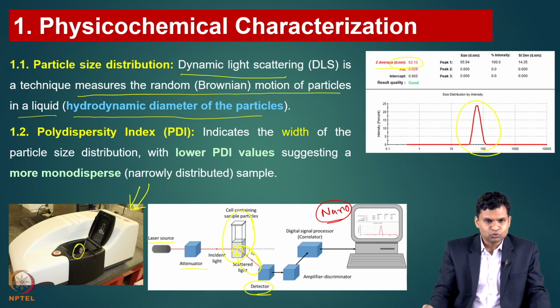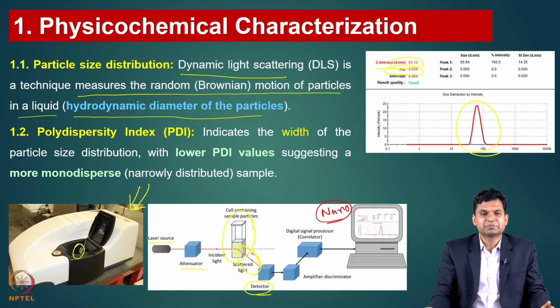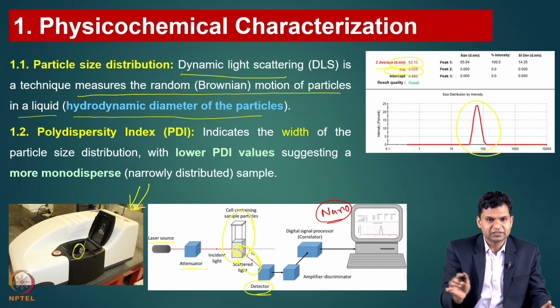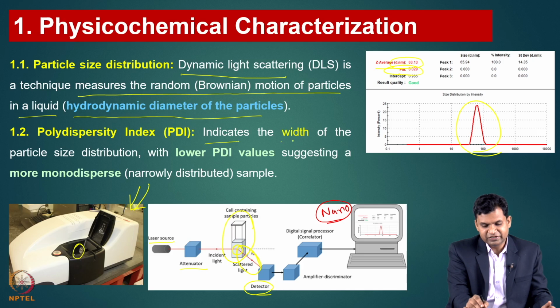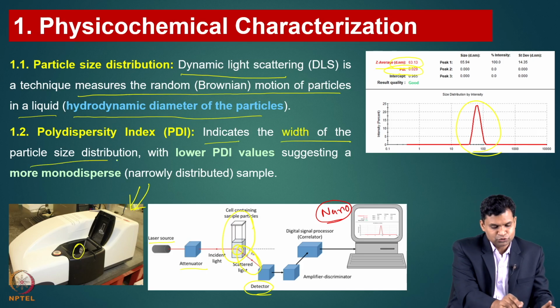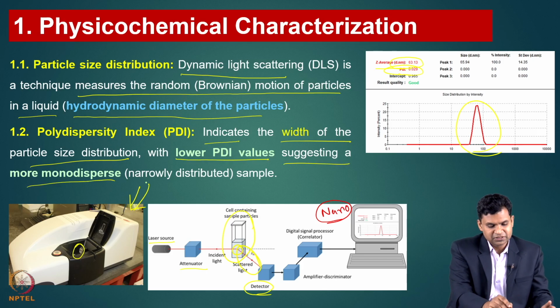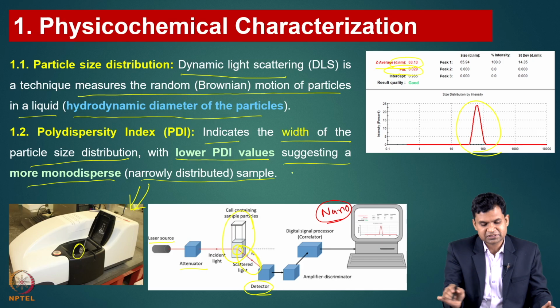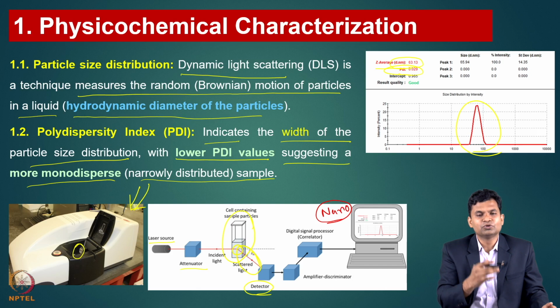Okay. Further, we can also measure the polydispersity index. Here the polydispersity index indicates the width of the particle size distribution, with lower PDI values suggesting a more monodispersed, narrowly dispersed sample. So, if the number is very low, the homogeneity is very high.